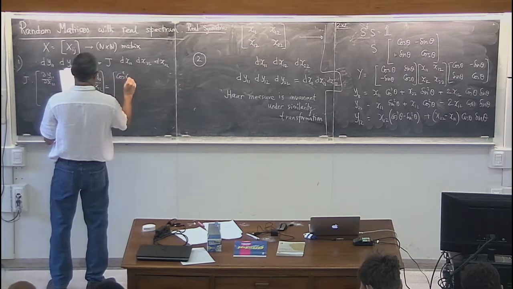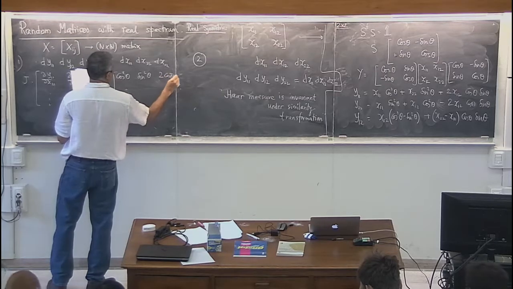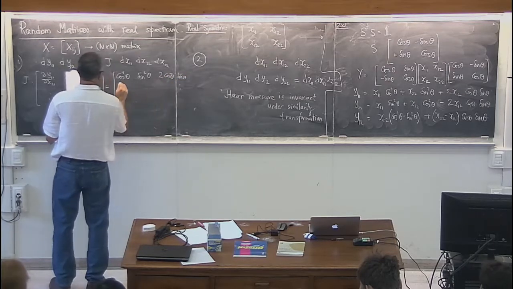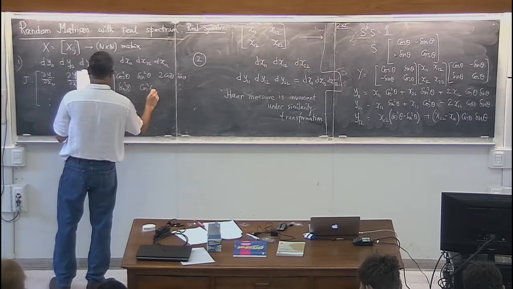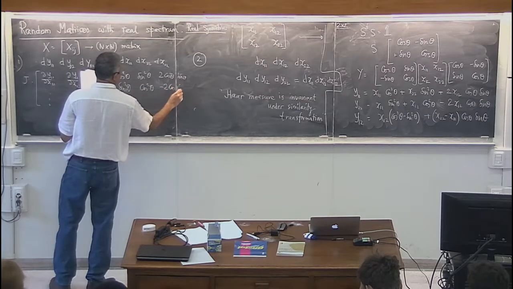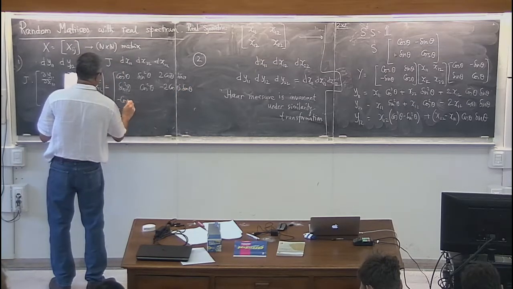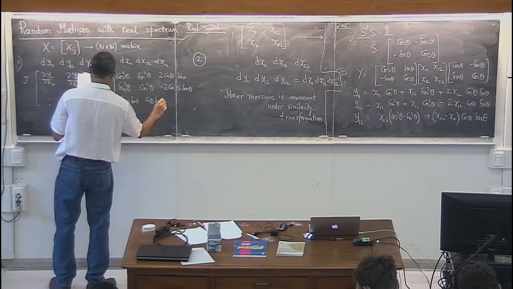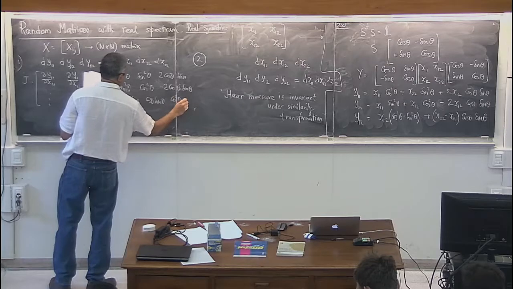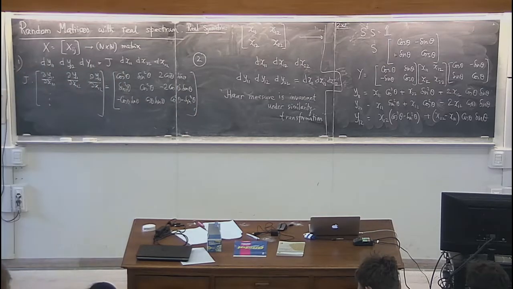So this will be cosine square, sine square, 2 cos theta sine theta; sine square theta, cosine square theta, minus 2 cosine theta sine theta; and so on. So this is your Jacobian matrix, and then you can just compute the determinant of that.